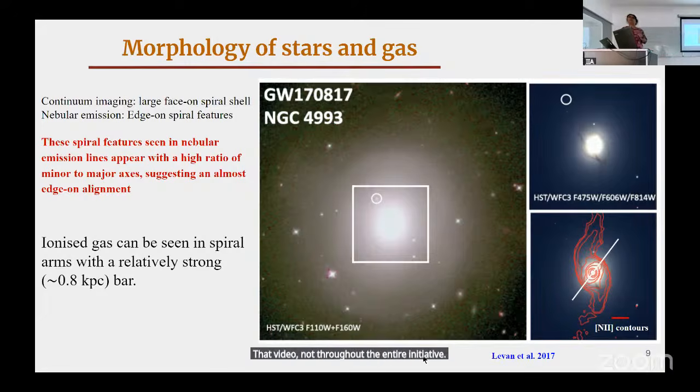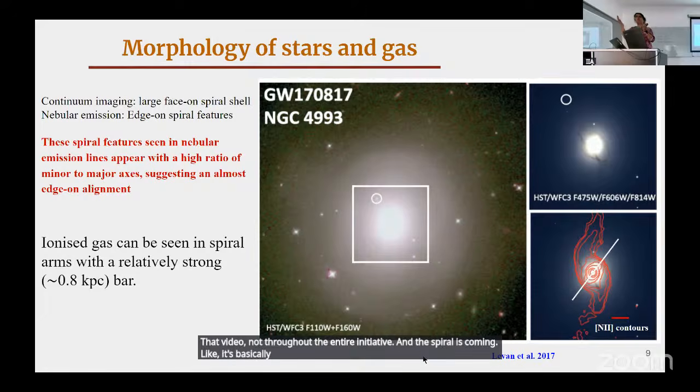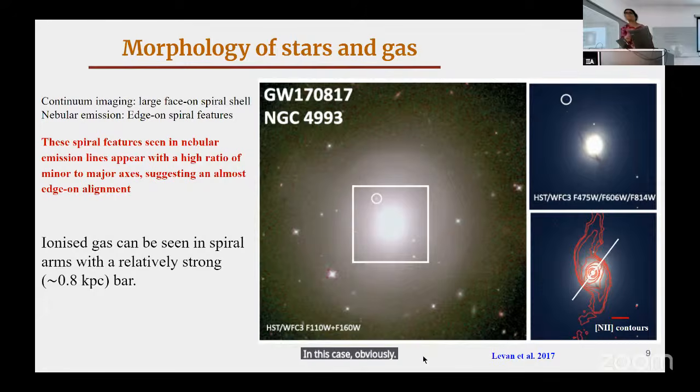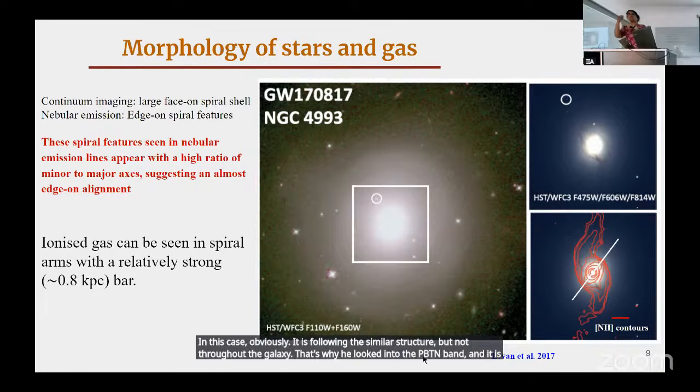When we see star-forming bars, due to orbital crowding, most of the H alpha emission is found at the ends of the bar. That is what we are saying in this case also. It is following a similar structure, but not throughout the galaxy. That's why we looked into the BPT and WHAN, and it is more toward post-AGB, where N2 is more dominating, not the H alpha.